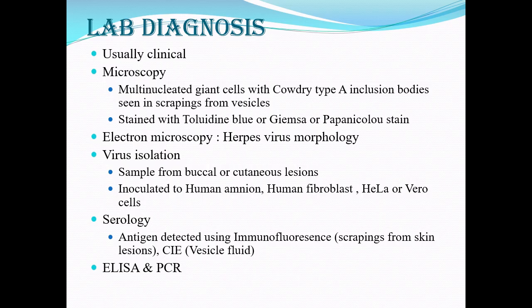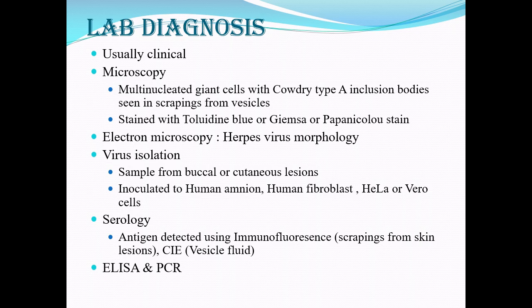Lab diagnosis is usually a clinical diagnosis. Generally, the lab does not play a bigger role here. But you can definitely look for multinucleated giant cells wherever there is a doubt. You can look for Cowdry type A inclusion bodies. Again, the Tzanck smear with Toluidine blue stain, which we heard about with the herpesvirus, can be used here. Electron microscopy can be done.